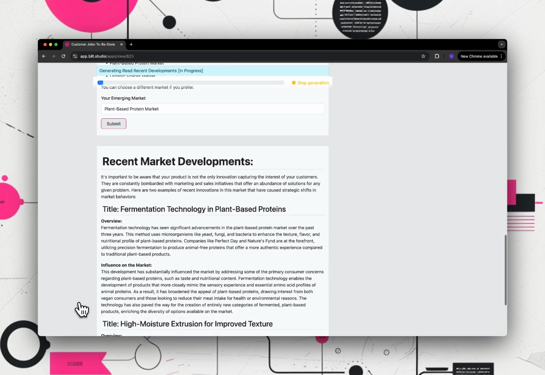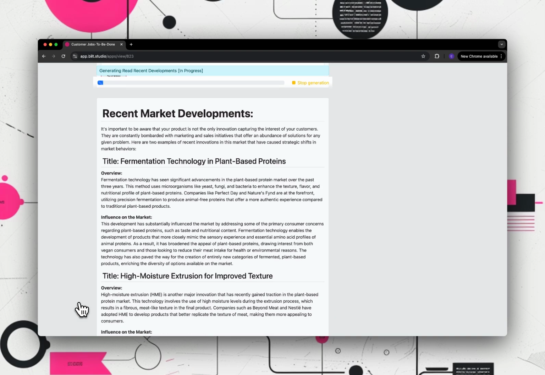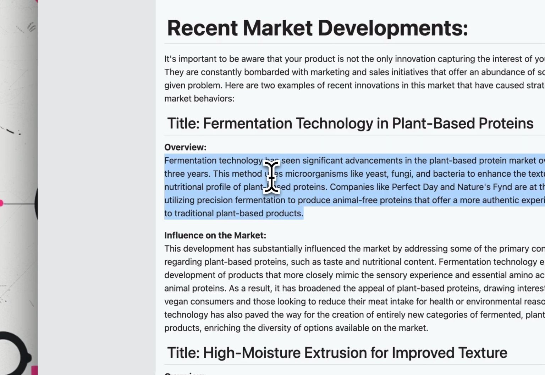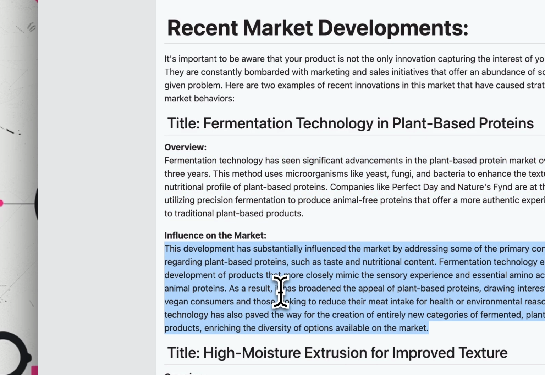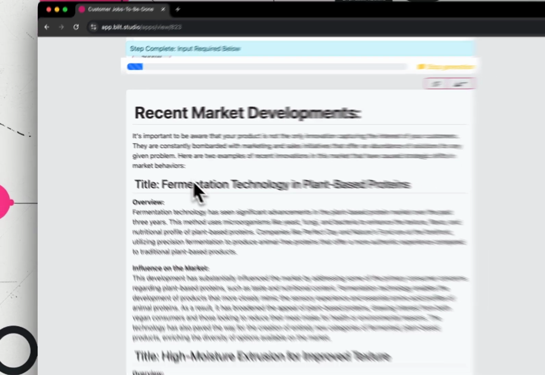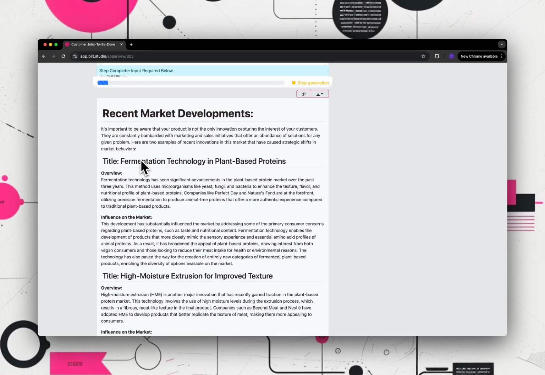So it's going to highlight recent developments that have happened in this space that might already be in the mindsets of my customers. So the way that we highlight this is I'm going to give you an overview of what the technology is, and I'm also going to give you an overview of how it's influenced the market. So for this market specifically, this is fermentation technology in plant proteins.